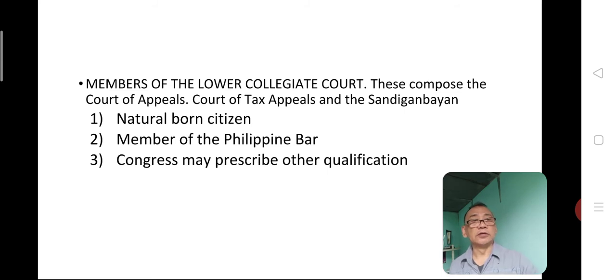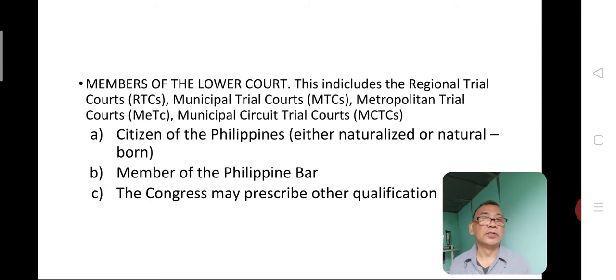Okay? So, walang particular year or age ang isang member ng lower collegiate court. Now, for the lower courts, ano yan? So, ito yung mga RTCs, Municipal Trial Courts or MTCs, Metropolitan Trial Courts or METCs, Municipal Circuit Trial Courts or MCTCs. Okay? Those are the lower courts.